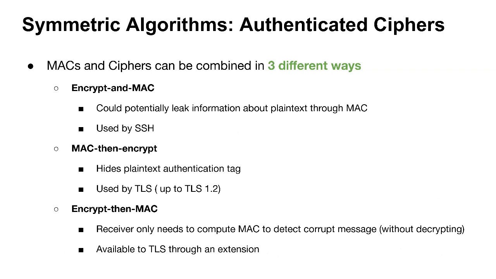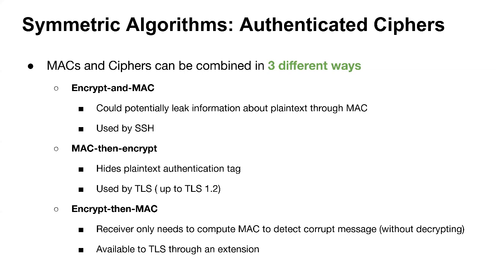If we look at those in a little more detail, encrypt and MAC could potentially leak information about the plain text through the MAC itself, since the encrypted output hasn't been fed into the MAC operation. This is used by SSH. MAC then encrypt hides the plain text authentication tag, since you only end up with a ciphertext as an output.